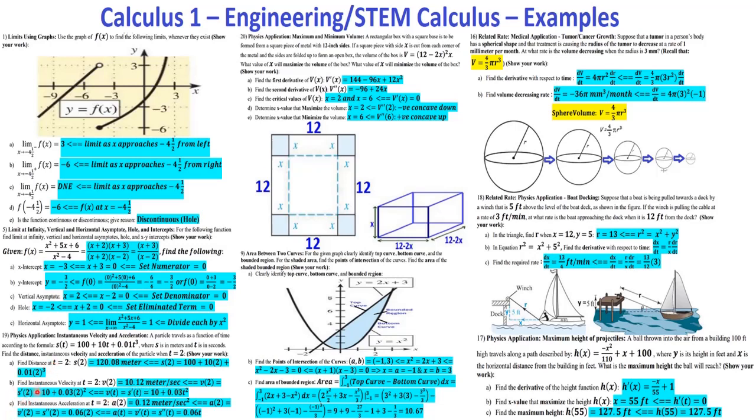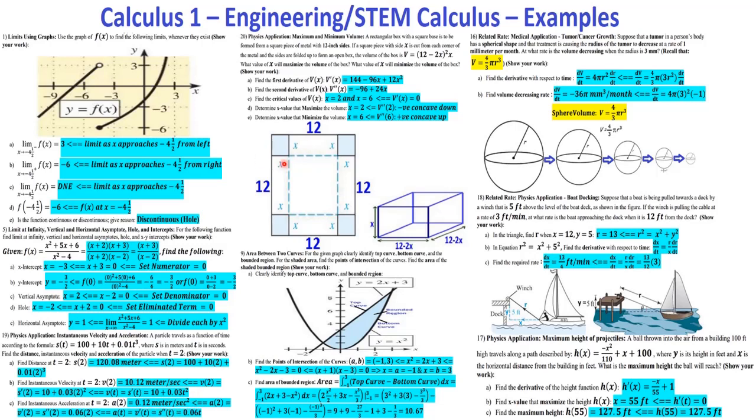Then the derivative of velocity is acceleration. If you take the derivative of this, which is 0.06t, then you evaluate this at 2, you will end up with 0.12 meters per second squared.